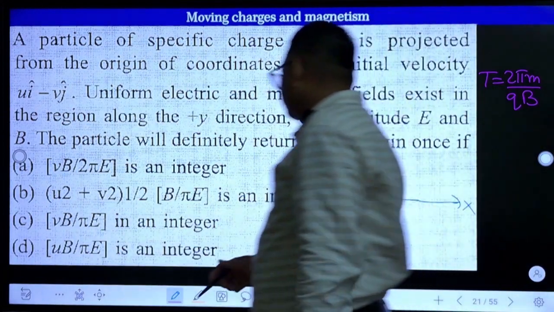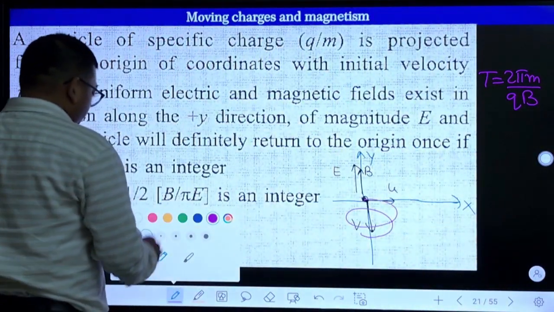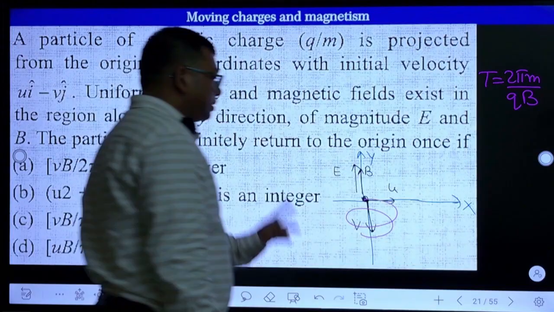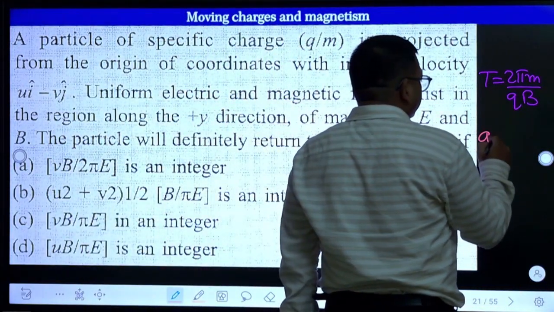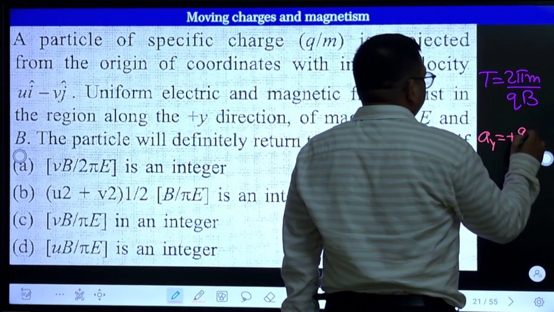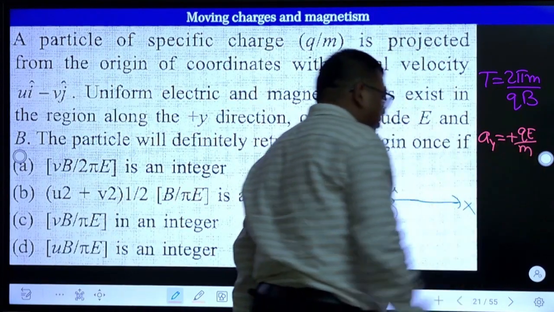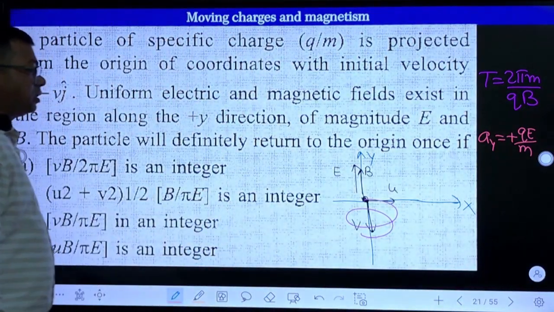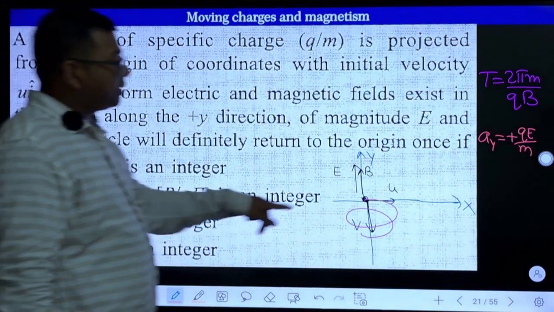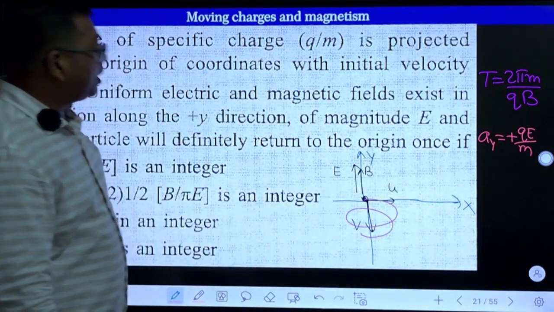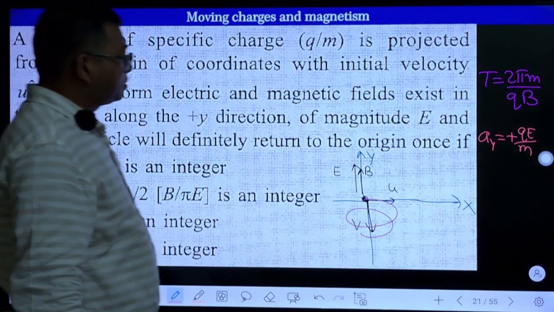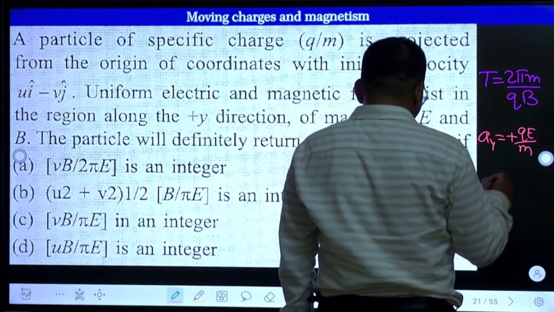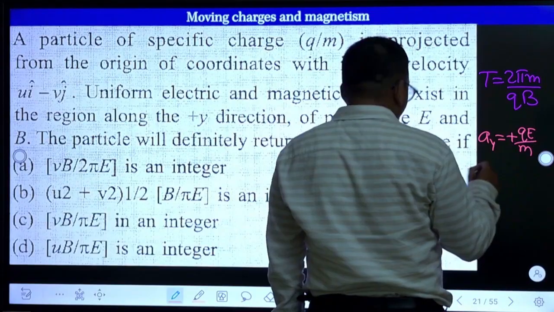So first of all, try to note this: the acceleration along the y-axis we will write as plus qE by m. The initial velocity along the y-axis is downward. Suppose it has to come back to the same point, the origin. How will you calculate that time?